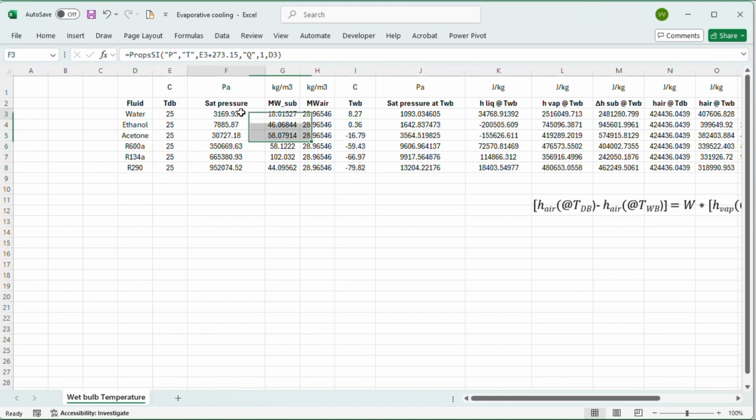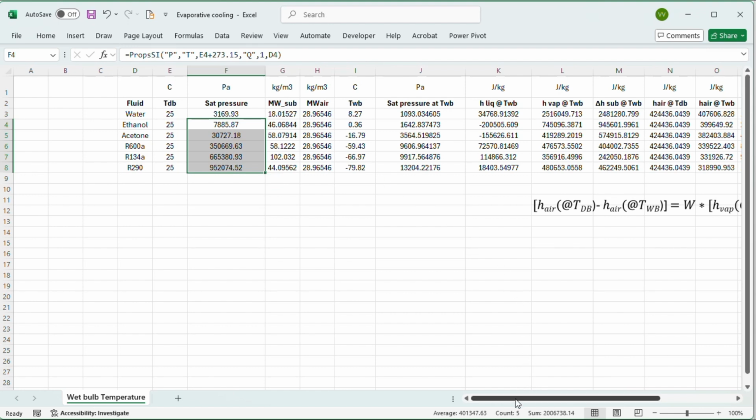So those factors include saturation pressure. The higher the saturation pressure, the faster the evaporation, right? It wants to evaporate faster. So the pressure is high at the boundary and it wants to get out of the fluid faster. So compared to water, all of these ones have really high saturation pressure.